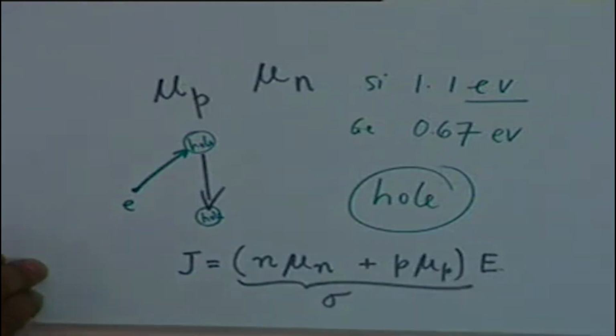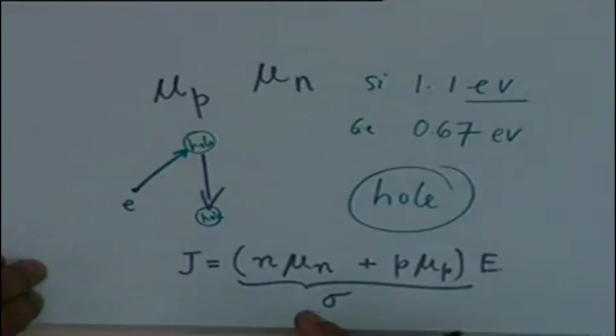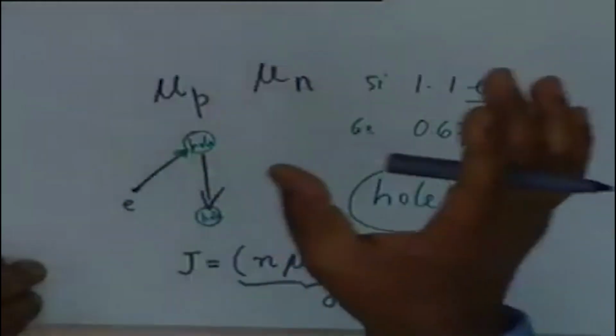You should appreciate at this point that in an intrinsic or a pure semiconductor at any temperature the number of electrons and holes should be the same, isn't that right? Because every time you create a hole you have knocked out one electron, so one negative charge, one positive charge, all right. This is the story in a pure semiconductor.